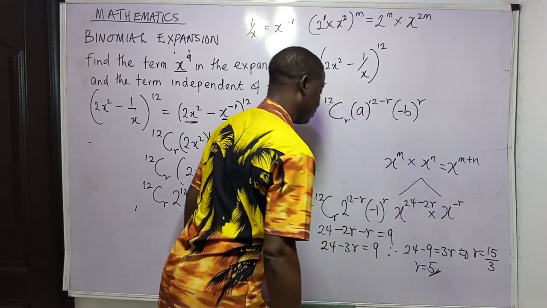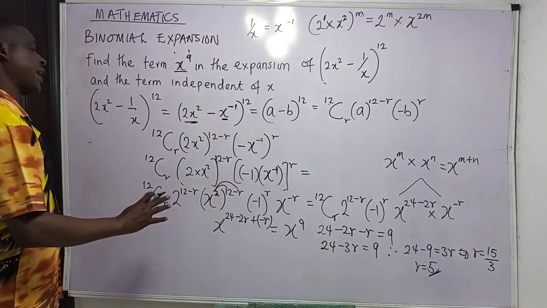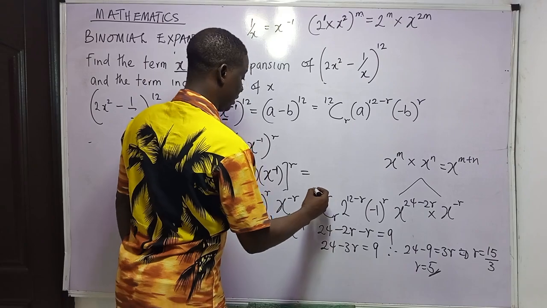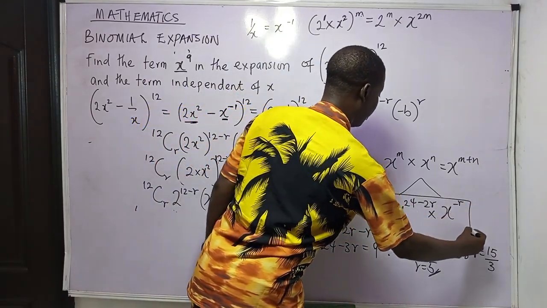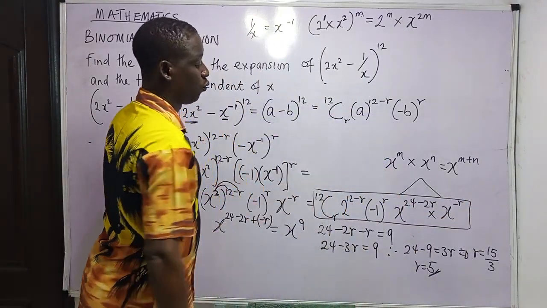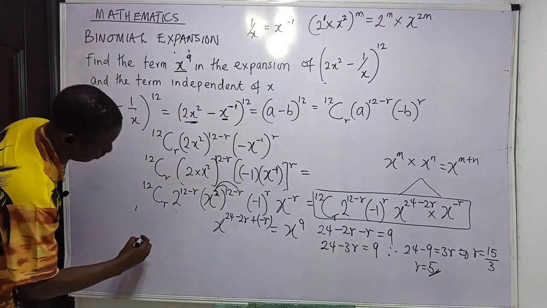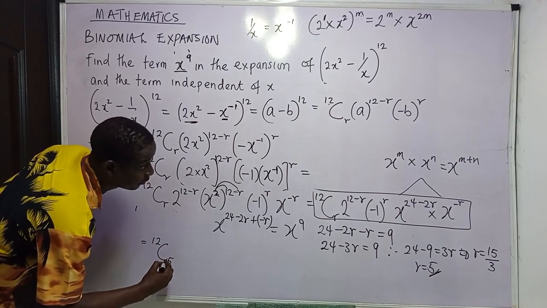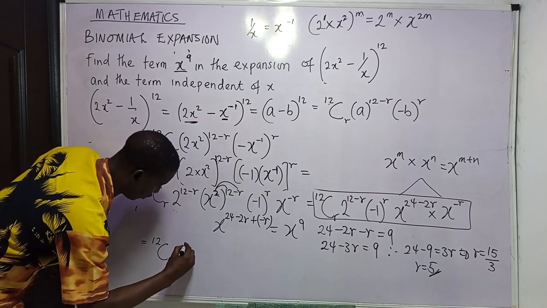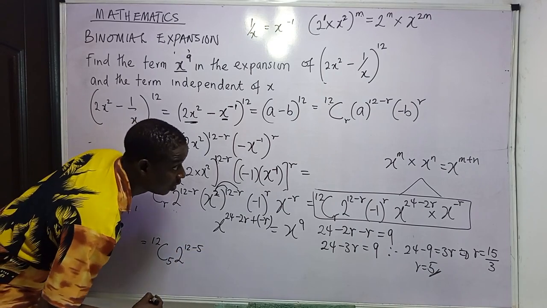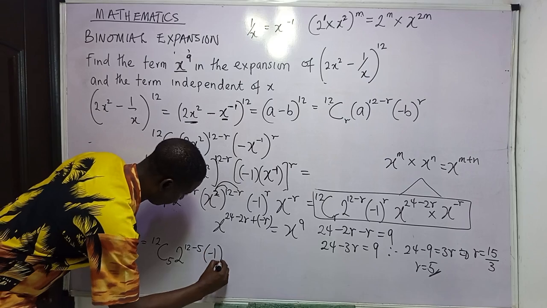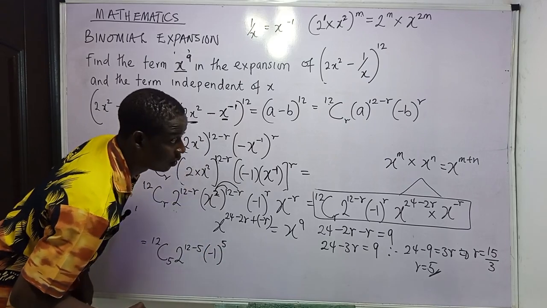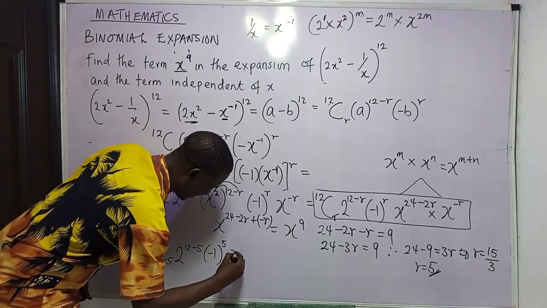Now, having gotten 5 as your r, we'll substitute it into this equation here. So when you put it here, we have 12 combination 5, 2 to the power 12 minus 5, minus 1 to the power 5, then x to the power of what?